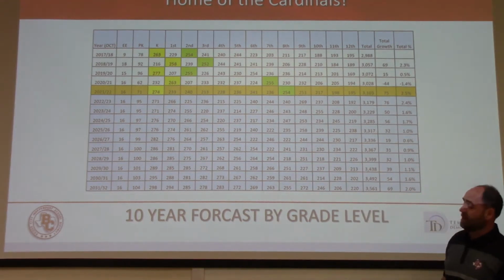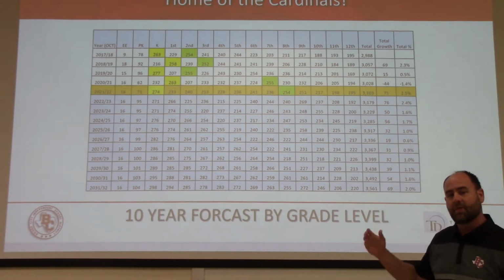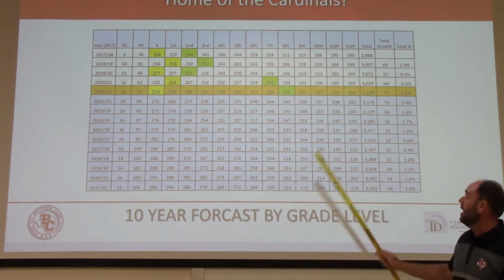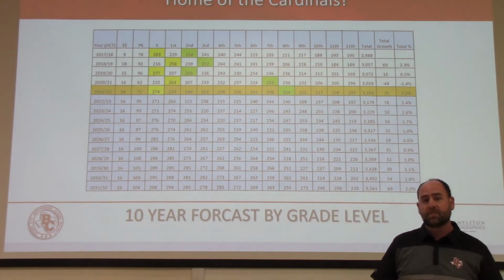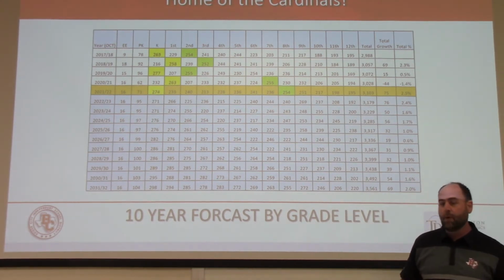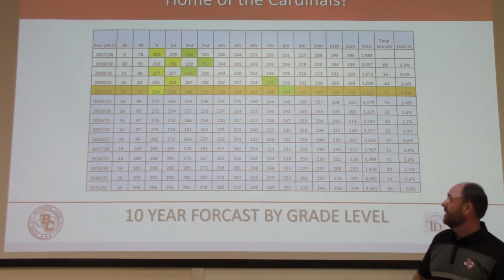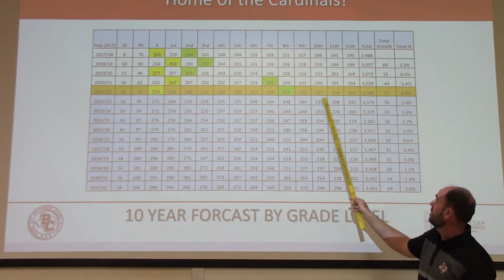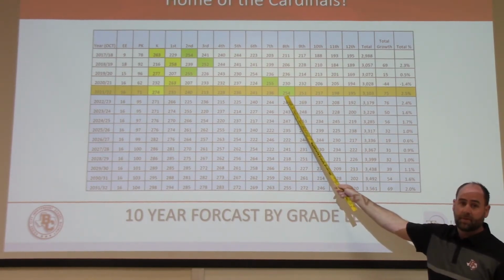So if you look, and I've said this over and over, our junior and senior classes are the only 2 classes in our entire school district that are below 200 students. This May, we will graduate 195 students, and next year in the high school, those 195 will be replaced with 254 students.